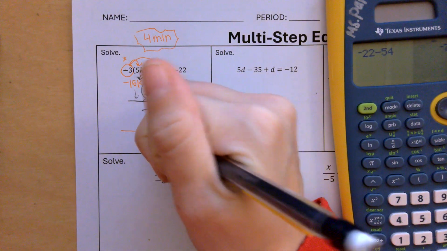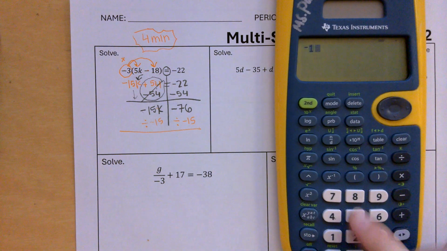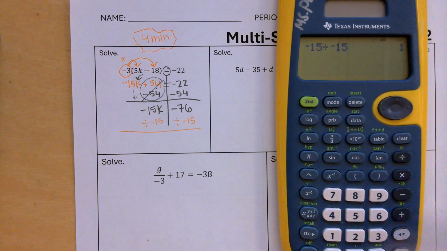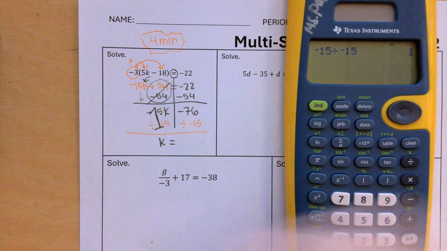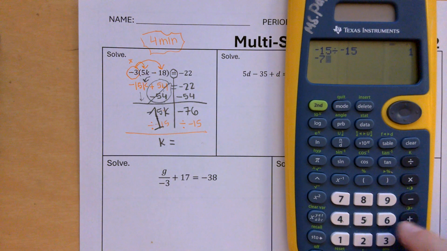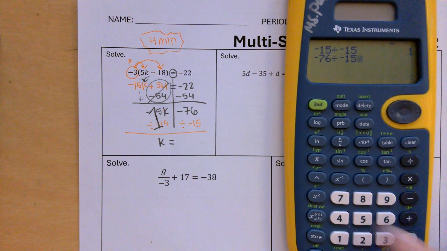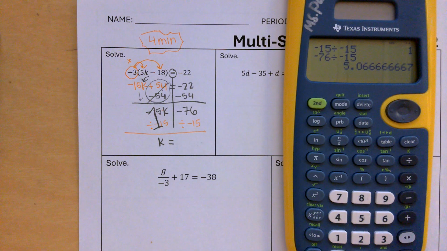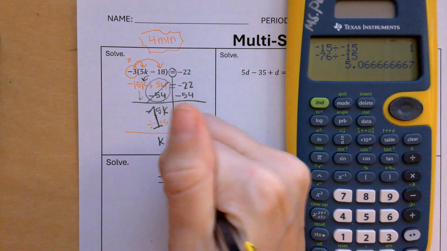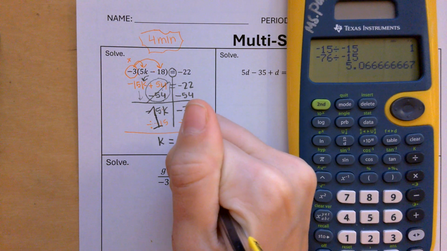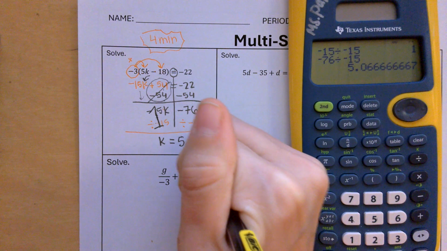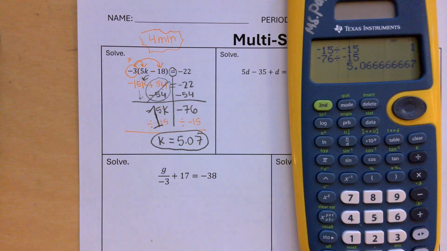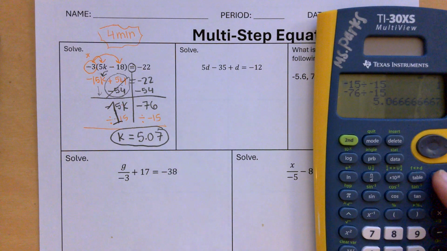Negative 15 divided by negative 15 will give me 1, so I'm left with 1k equals negative 76 divided by negative 15, which will give me positive, we're going to round it, 5.07, that 6 bumps it up to a 7. Not too bad. All right, let's look at the next one.